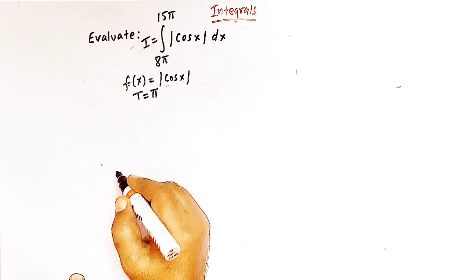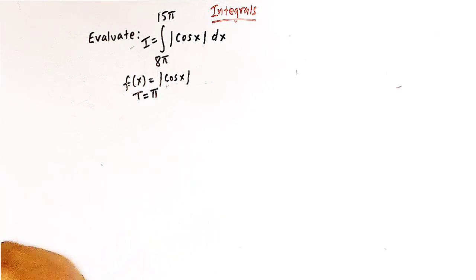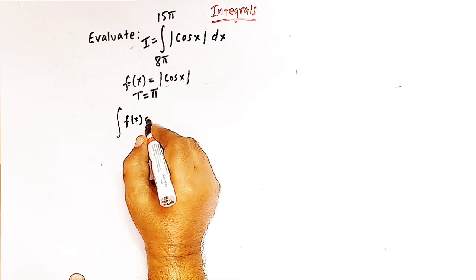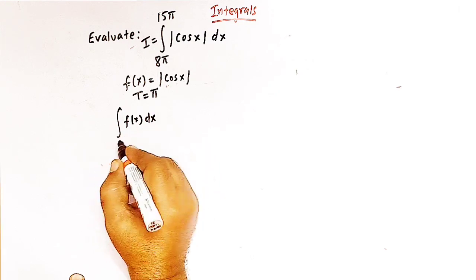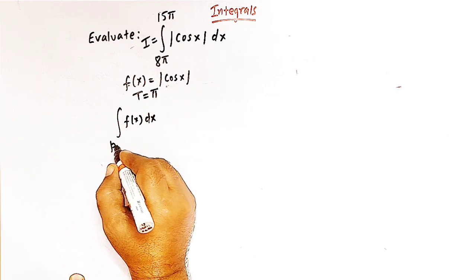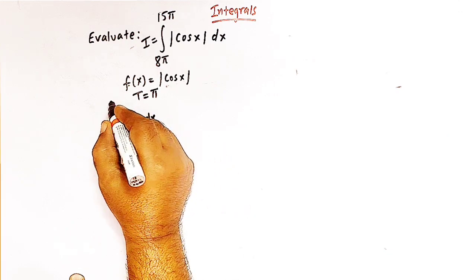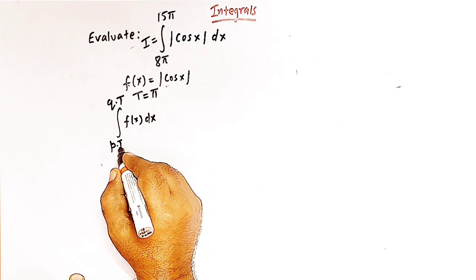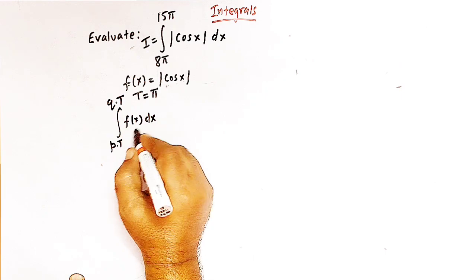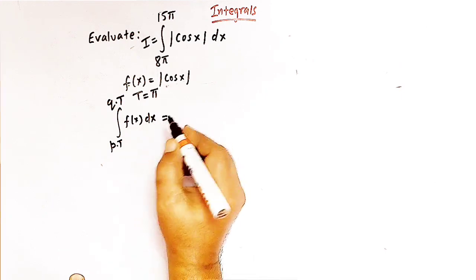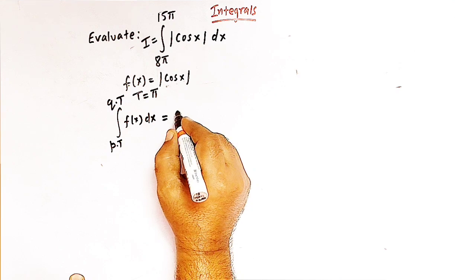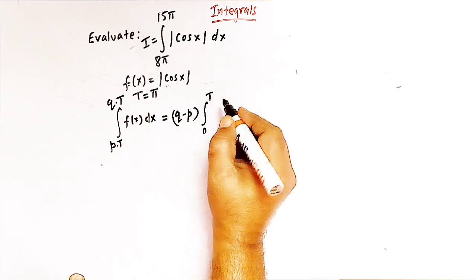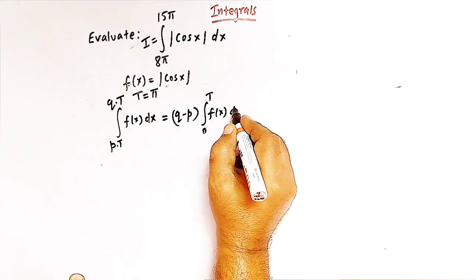And from an important property of definite integrals, we know that if we have a periodic function f of x, and the lower limit is p times t, and the upper limit is q times t, where p and q are some integers and t is the period of this function f of x, then the value of this integral is given by q minus p times the integral from 0 to t of f of x dx, right?